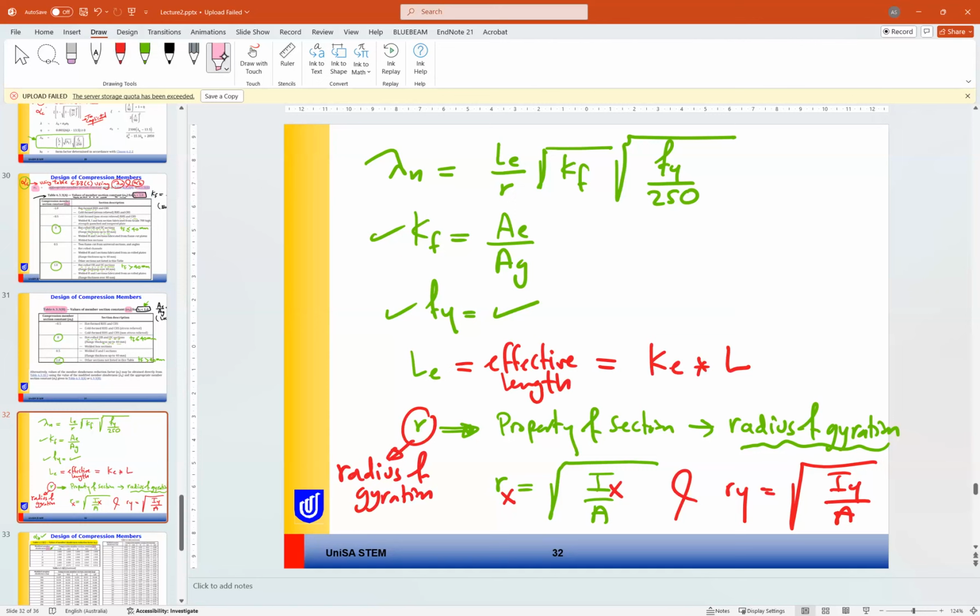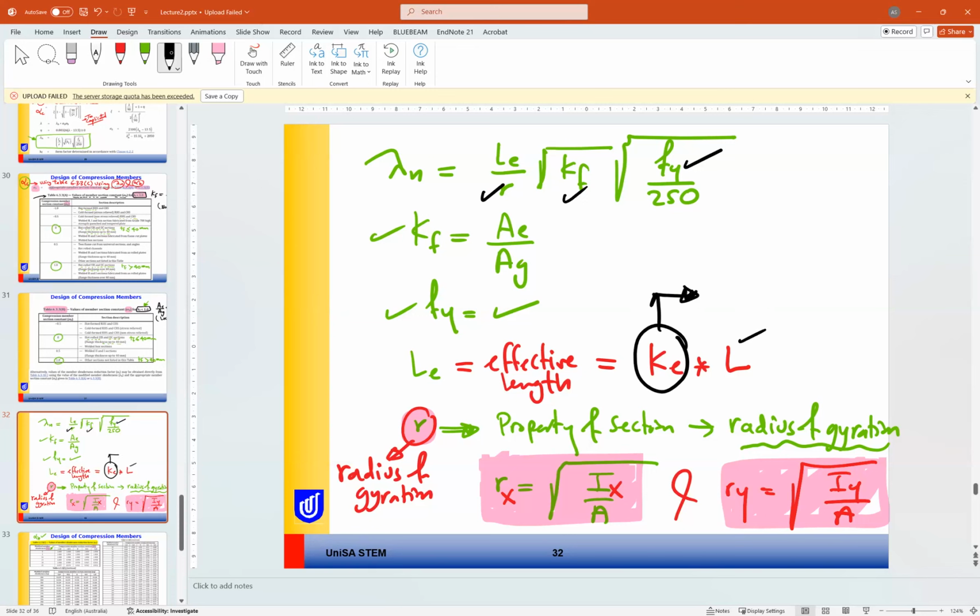So for the radius of gyration r, no problem with r. If you know I and A, properties of the member, you can find r. So r, no problem. Kf, no problem. f yield, no problem. So now we still need to find L effective, or the effective length. The member length is already there, so we need to find the buckling coefficient for the member.